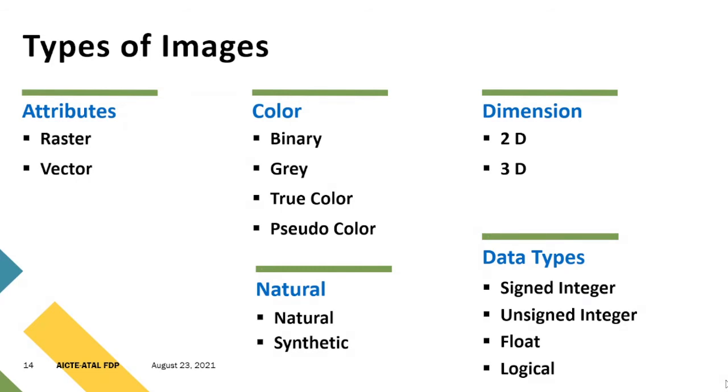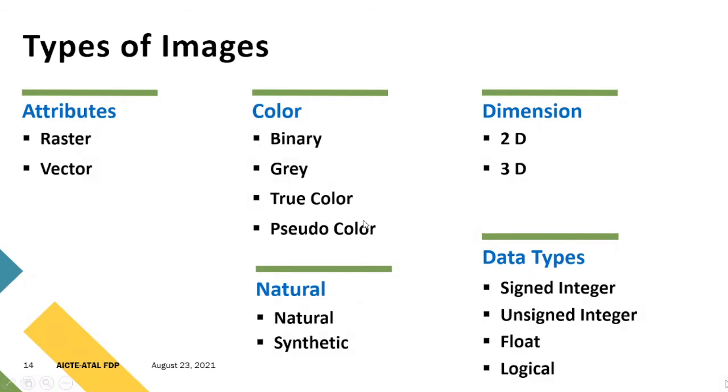So the possible gray shades will be 2 raised to the power 8. 2 raised to the power 8 is 256. So the variations of gray range from 0 to 255. Now you can understand how many gray shades there are: 0 to 255, from light gray to more darker towards black.